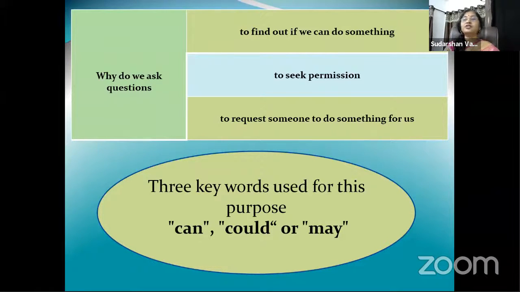Three key words used for this purpose of questioning politely. And they are can, could, and may. What are the three words? Can, could, or may. Now, when we have three verbs, automatically it means when do we use what?